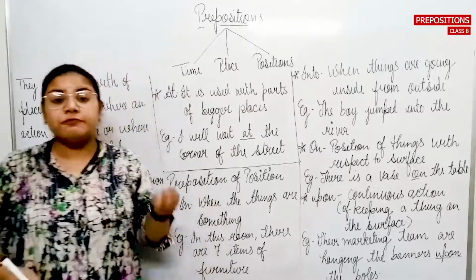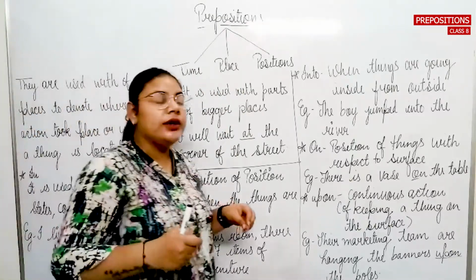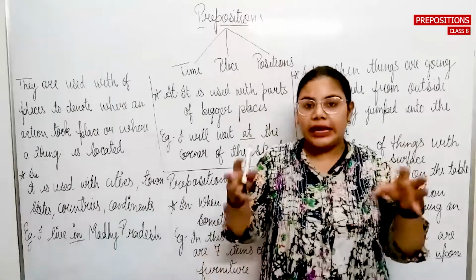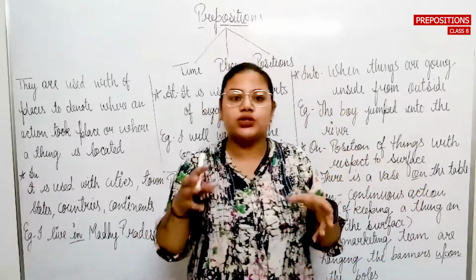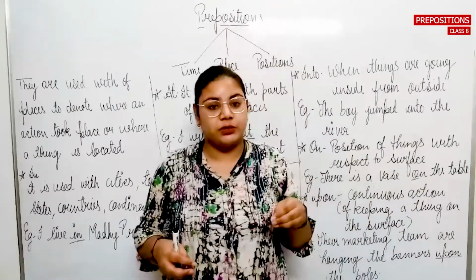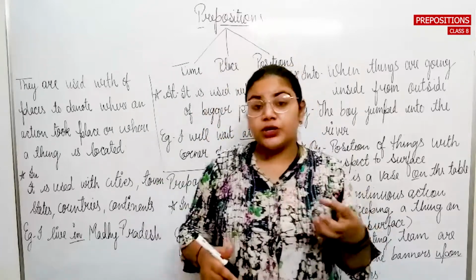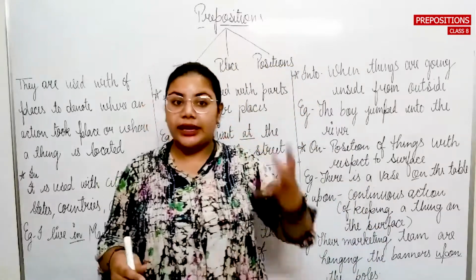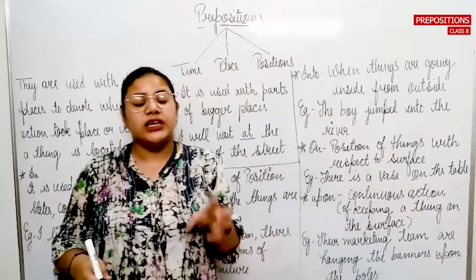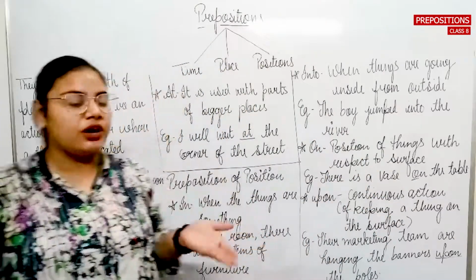So the preposition of place basically talks about where that particular action has taken place. The thing we need to keep in mind is that whenever we are talking about something that has happened at a particular place, we need to use the preposition of place.